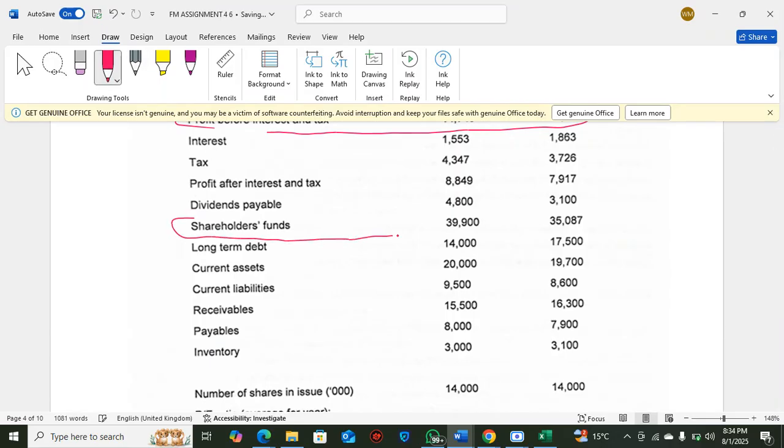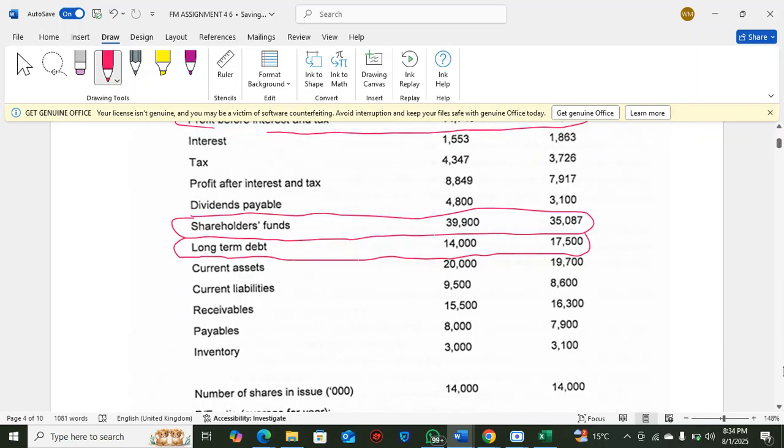This is the equity. Also, we have our long-term debt. That's one way you can get your capital employed.